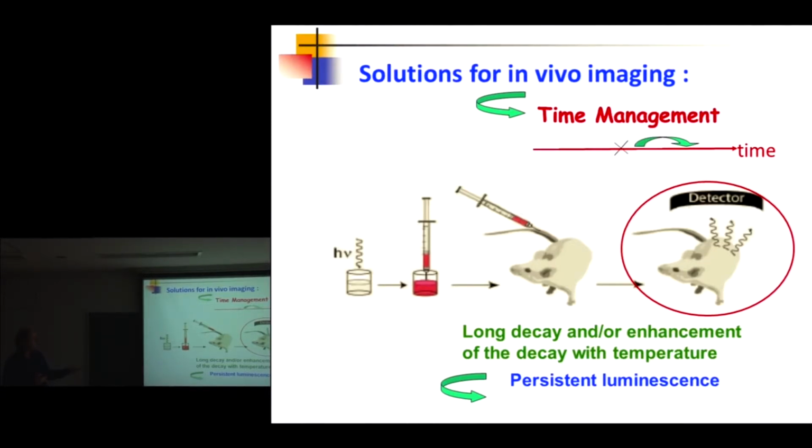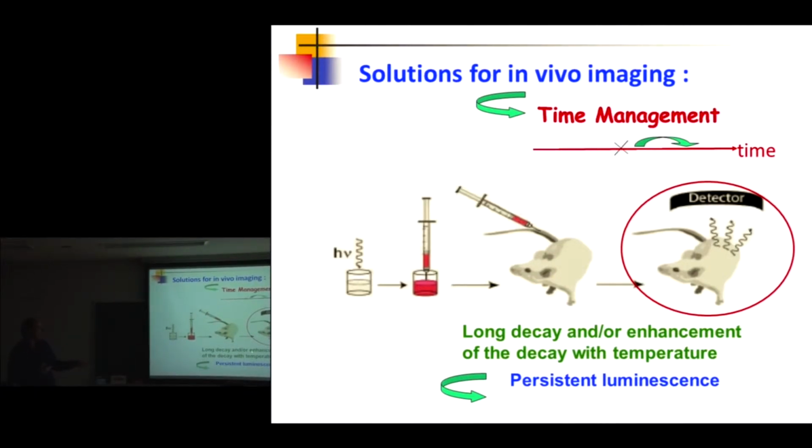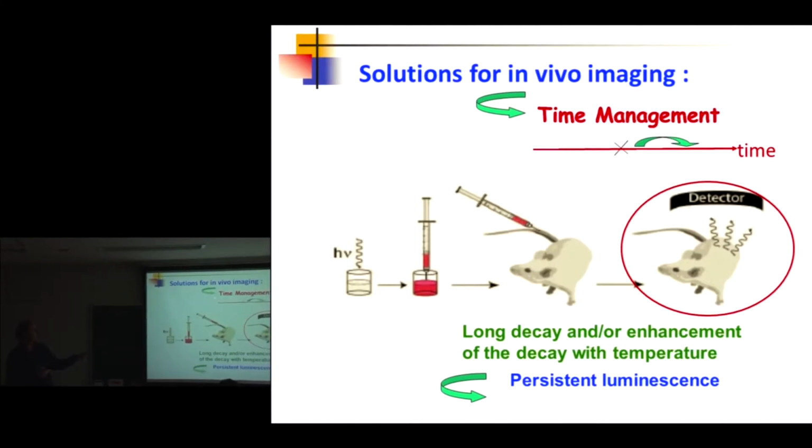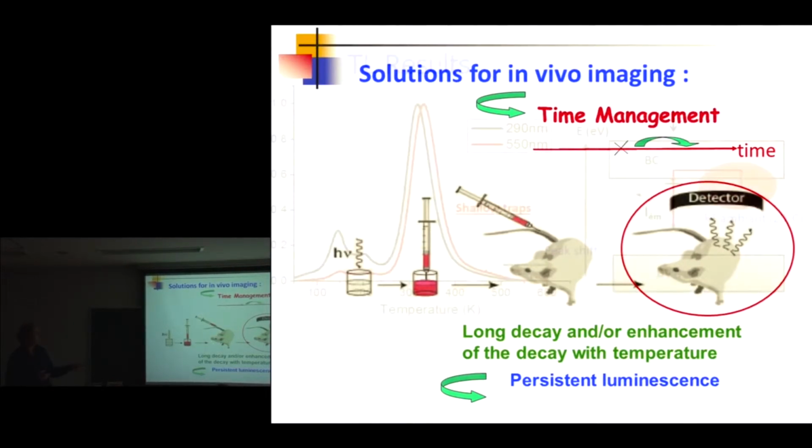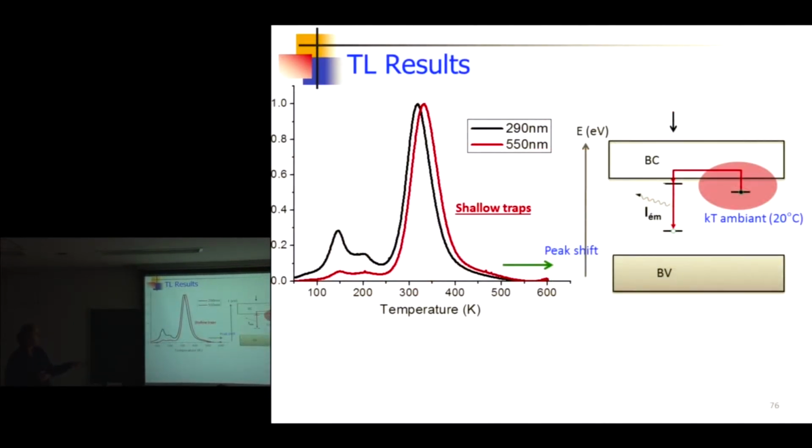So you use the persistent luminescence to look at the emission a long time after the injection into the animal. We call that time management, and we propose to use that to image tumors and for different applications.